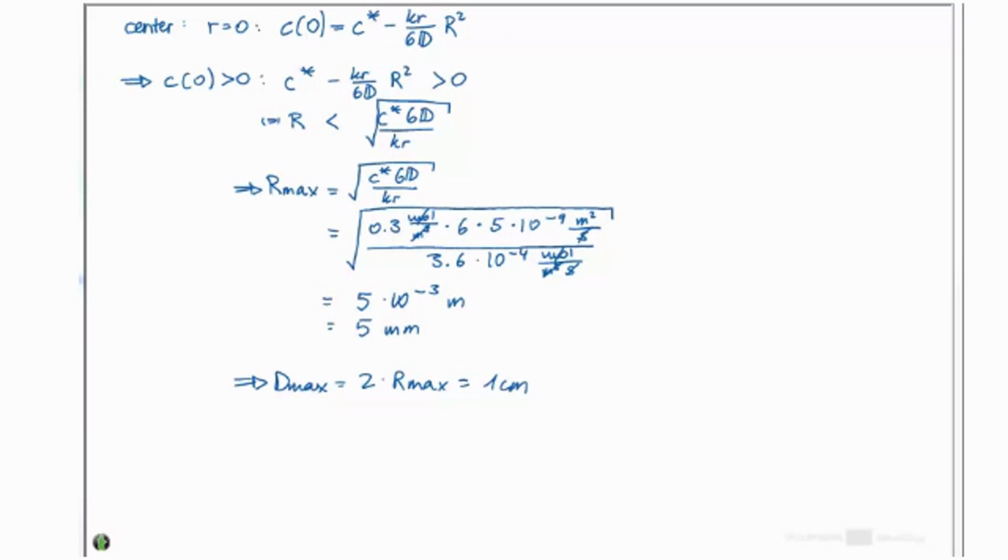Now for the second part of the exercise, we have to fill in different values. We know that the radius is 0.15 centimeters and that the total radius of the flake is the maximum radius, which we found in the first part. Now we go back to the equation we found for the concentration as a function of the radius.